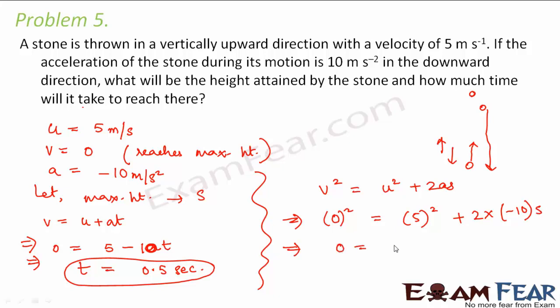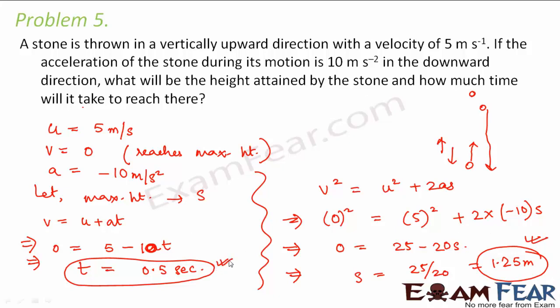From this, 0 is equal to 25 minus 20s, or s is equal to 25 by 20, that is equal to 1.25 meters. So this is the maximum height that the stone will reach, and this much time it will take to reach the maximum height.